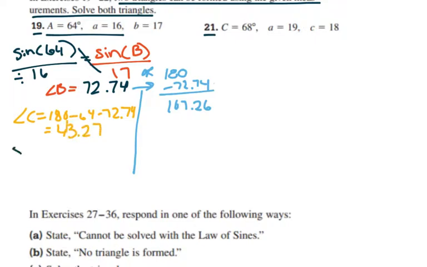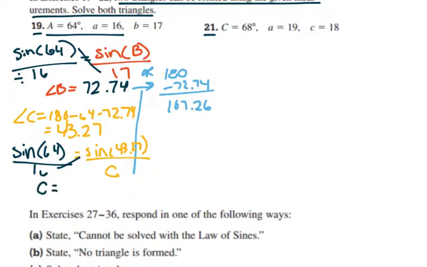And then we can use that original proportion of sine of 64 with our new sine of 43 in order to find side C. And so sine of 43.27 is going to be multiplied by 16 and divided by sine of 64. And so that's a C of 12.20.